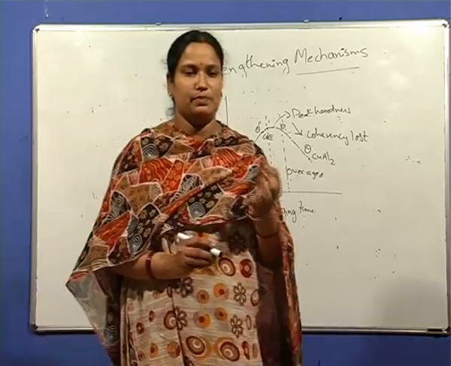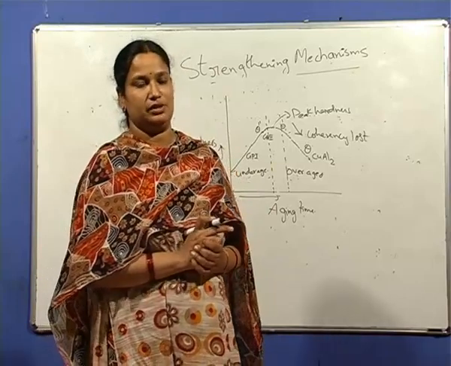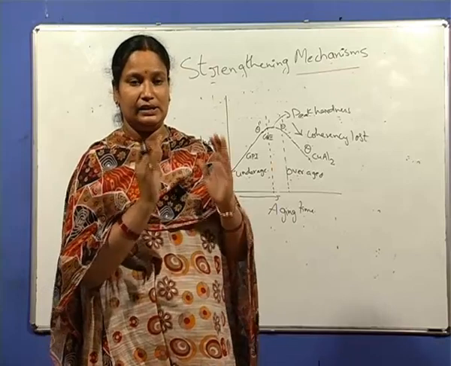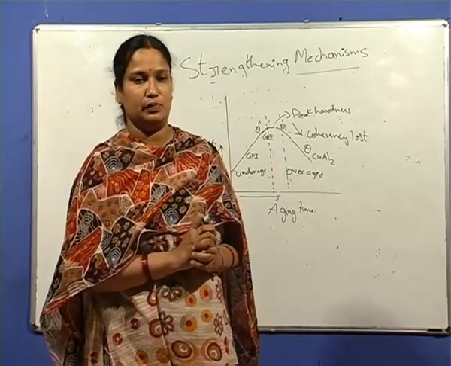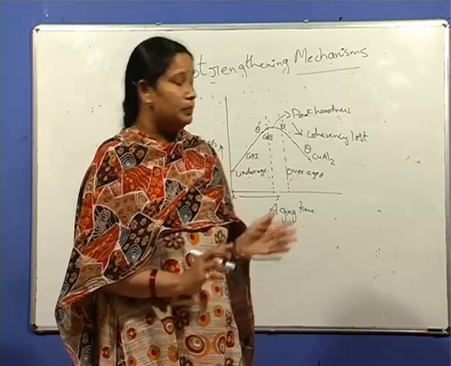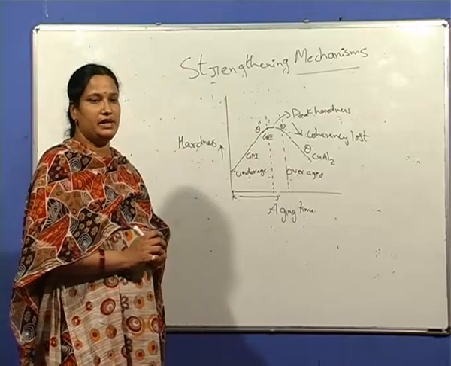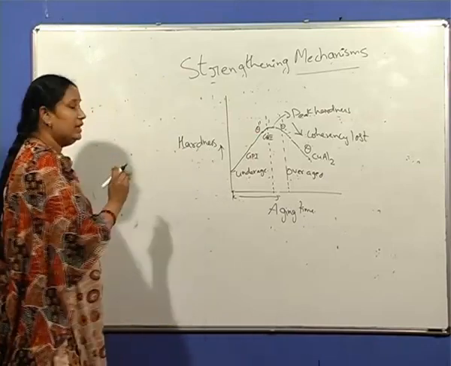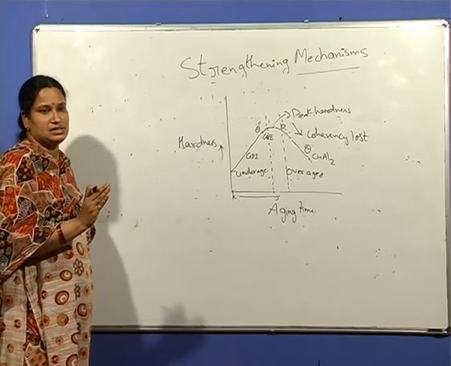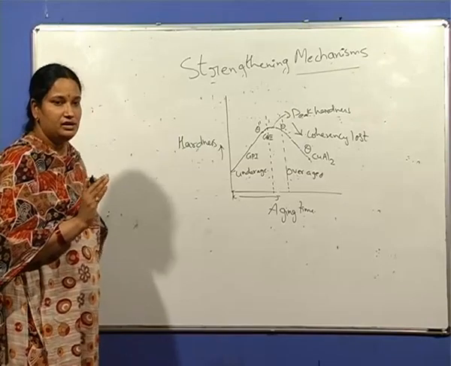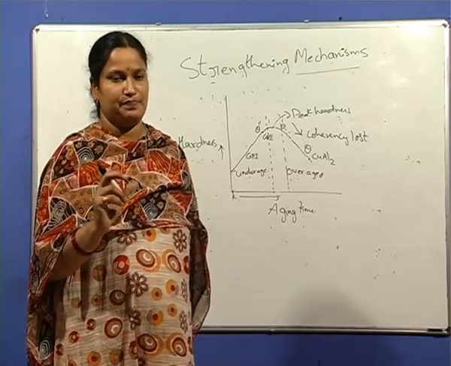So how do these fine precipitate particles act as hindrance to the dislocation motion? These precipitate particles themselves act as obstacles to the dislocation motion. So before going into this figure, a small figure I need to explain is about the hindrance to the dislocation motion by the obstacles, which are very fine, and the spacing between the obstacles is less.